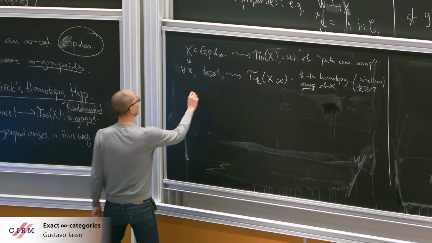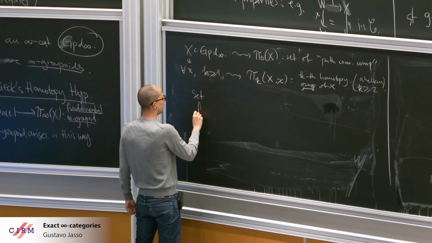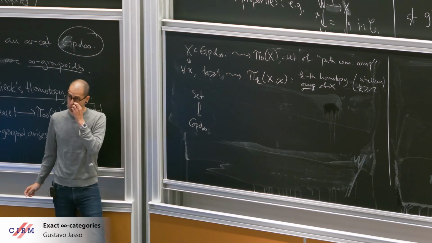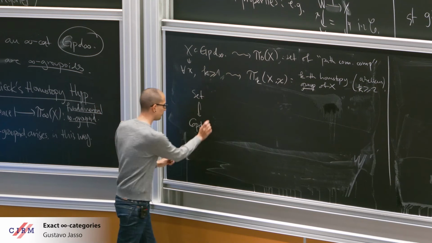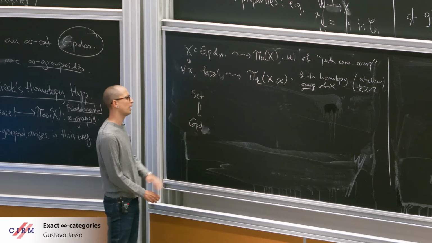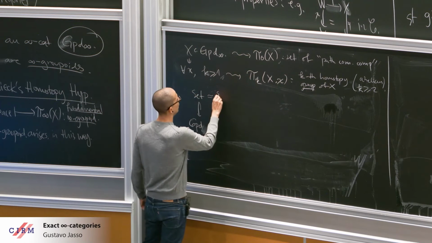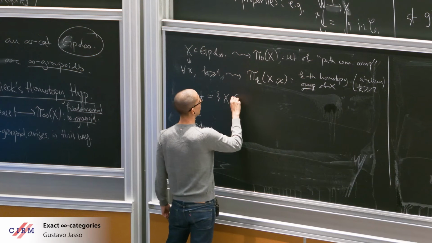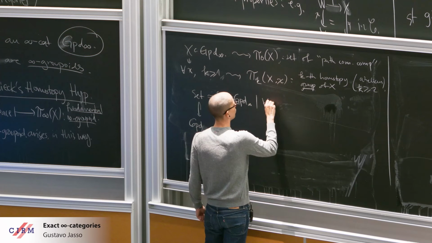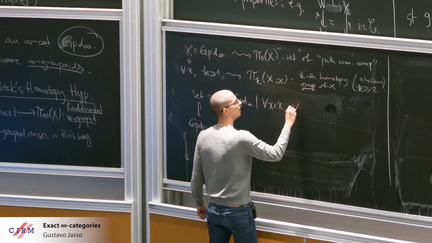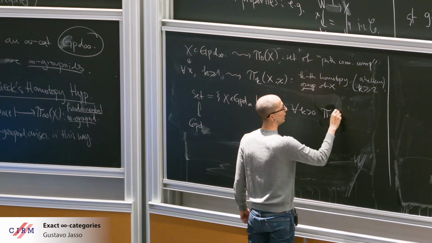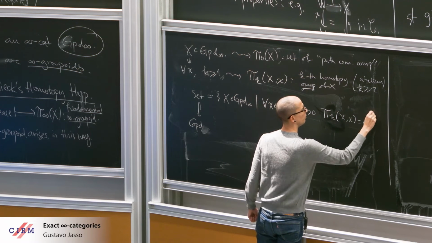So I can also think of sets and groupoids. Every set is a category where the only morphisms are the identity morphisms. They embed into groupoids in the usual sense, that is, categories in which every morphism is invertible. And sets can be identified with those infinity groupoids so that for every point x and for every k bigger than 0, pi k of x at x vanishes.